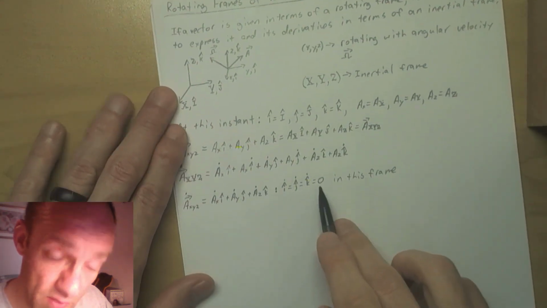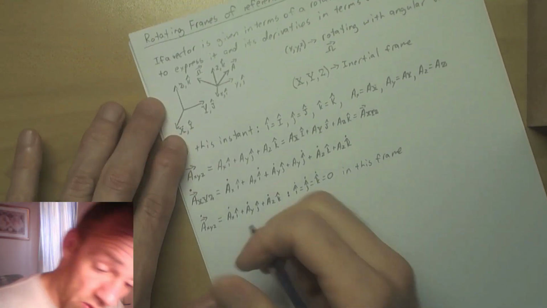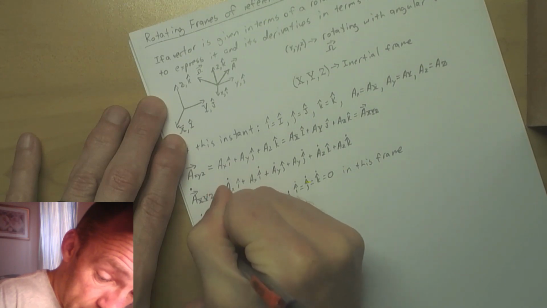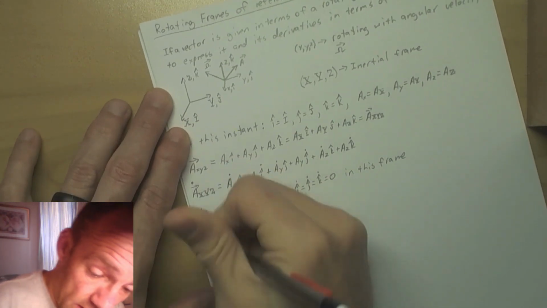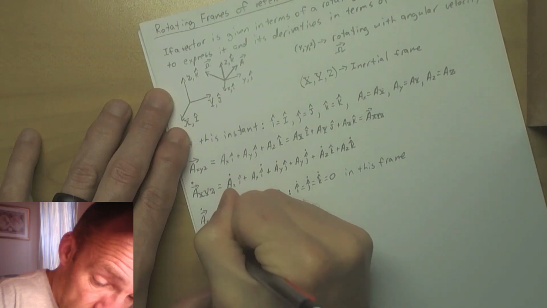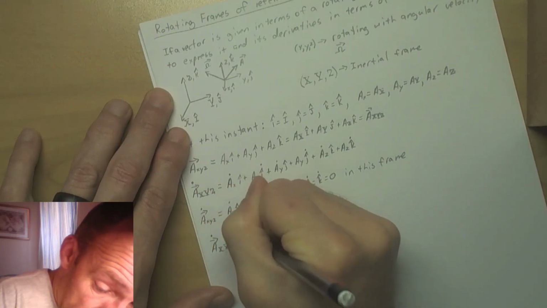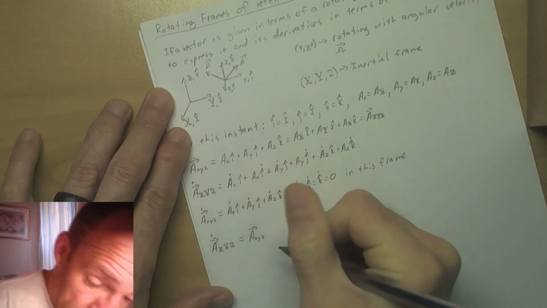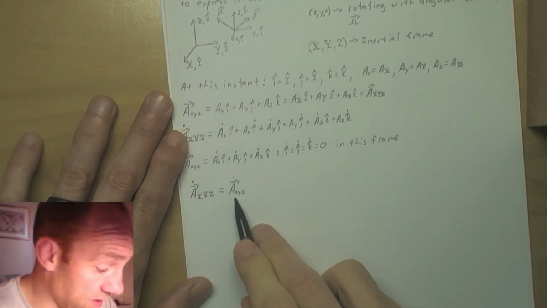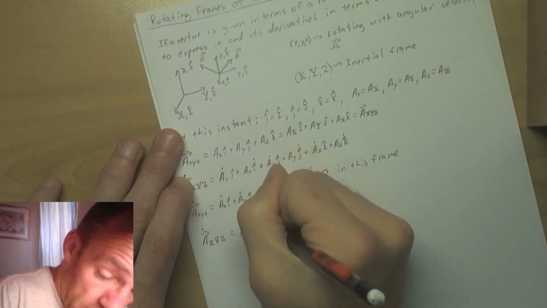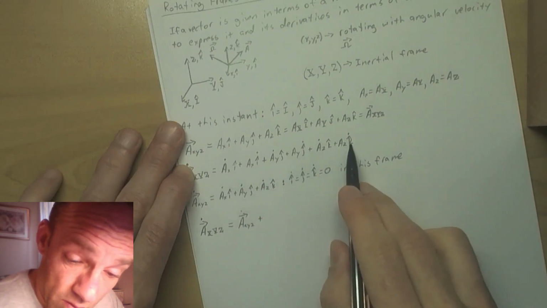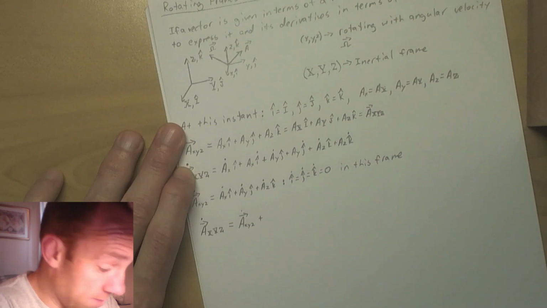So that means we can rewrite this from the view of the inertial frame. That's just the derivative as expressed in the rotating frame, plus these terms associated with the changing basis vectors.